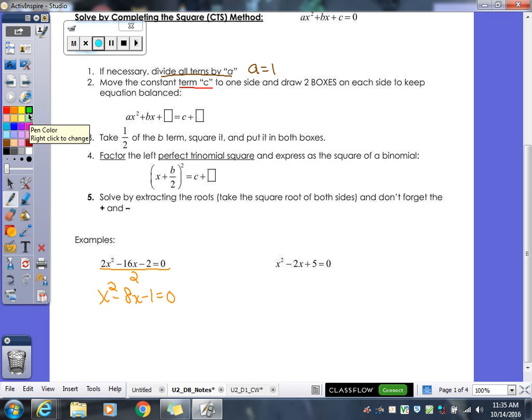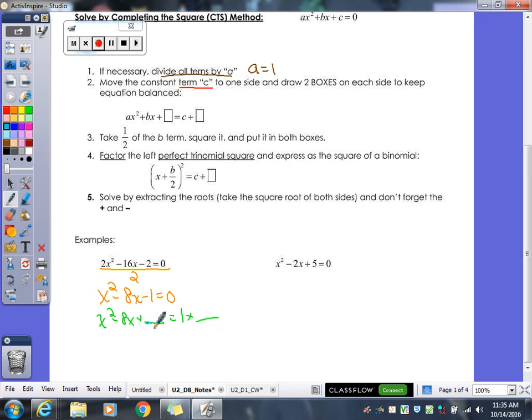So now that it's just an x squared, we can go ahead and do our completing the square. So I'm going to add my 1 over to the other side and put my spaces. Put a space on each side because what you add to one side of the equal sign, you've got to add over to the other side of the equal sign.